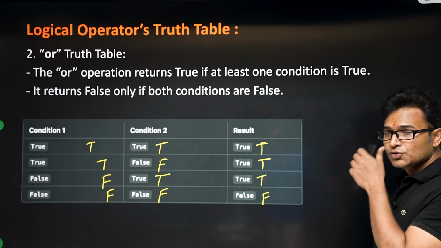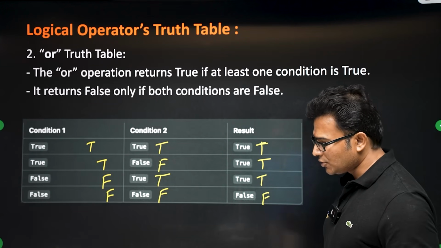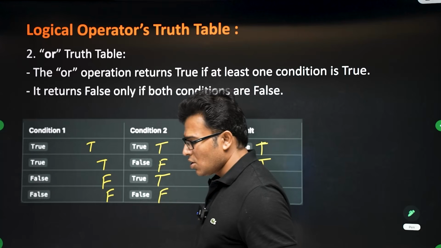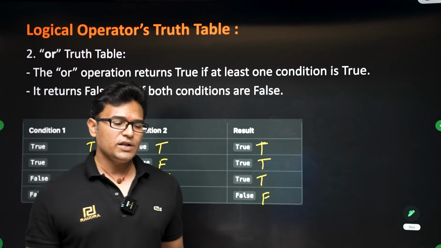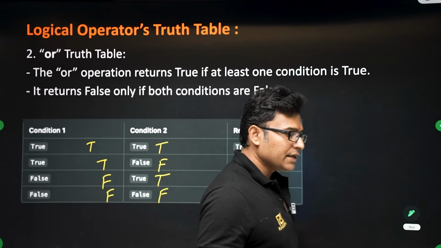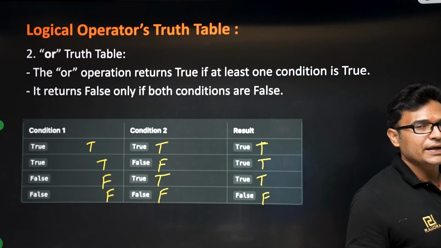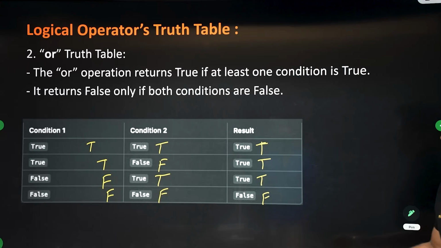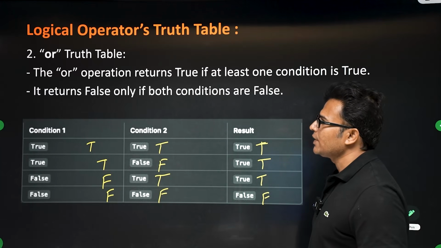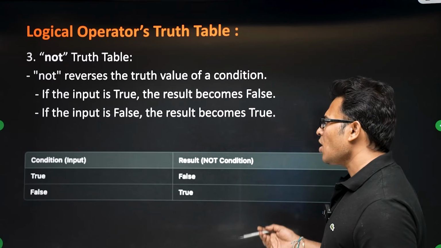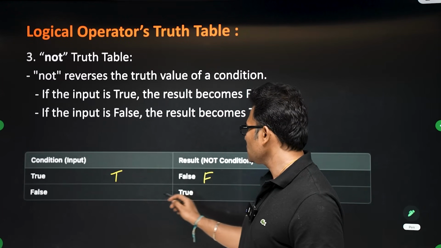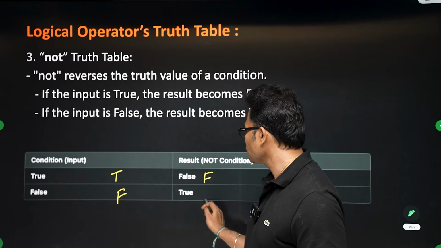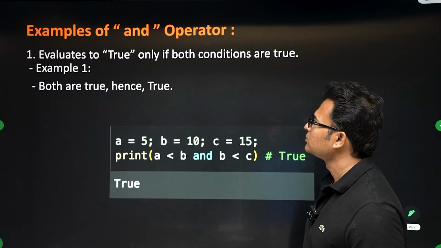OR gives true value only when at least one of them is true. When both of them are false, it will give you false value. Now coming to NOT, if it is true, you will get false. If it is false, you will get true.